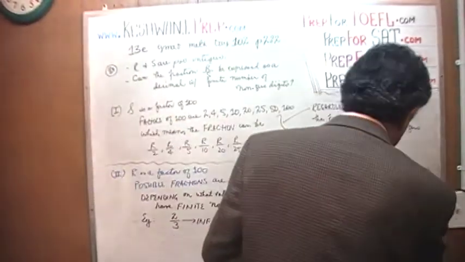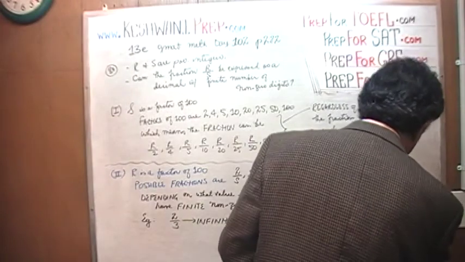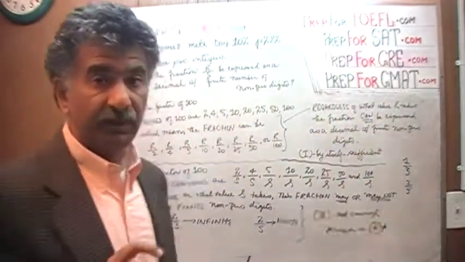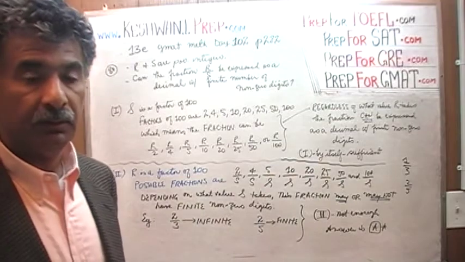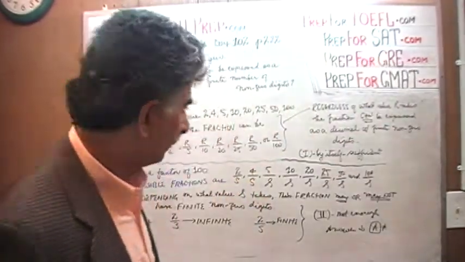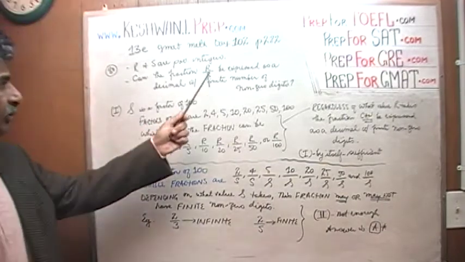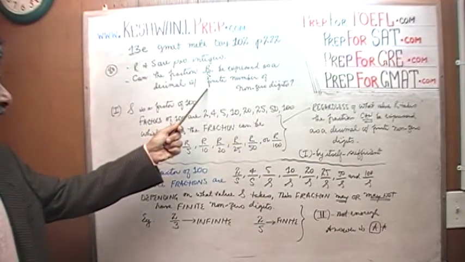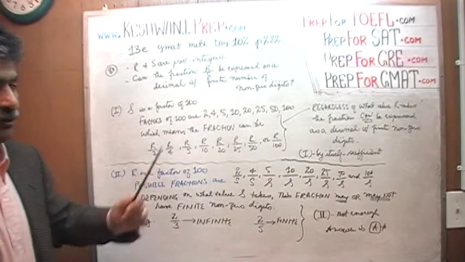But something like 2/5 can be expressed as a finite number of non-zero digits. You get the idea. The question simply is, can this fraction be expressed as a decimal with a finite number of non-zero digits?